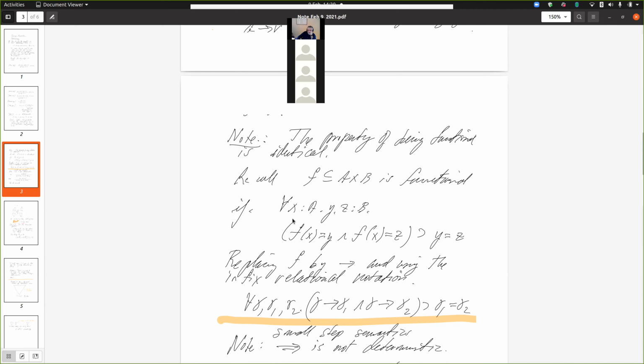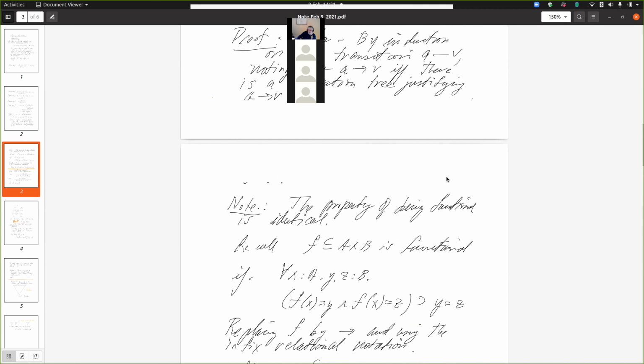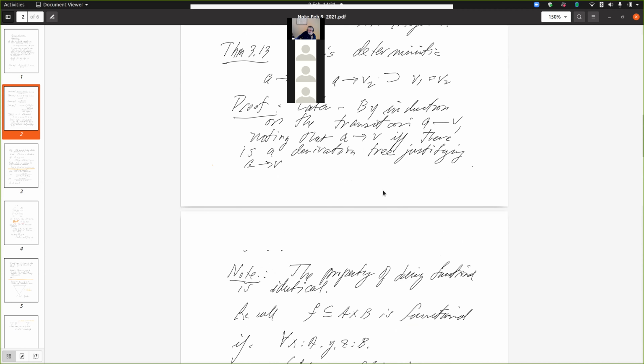In other words, for every x in A, and for every y and z in B, if f of x is equal to y and f of x is equal to z, then it must be the case that y is equal to z. So this looks very much like this. And in fact, it really is.